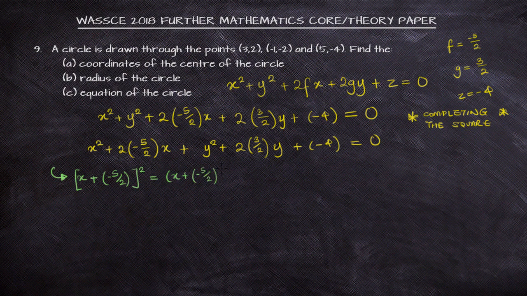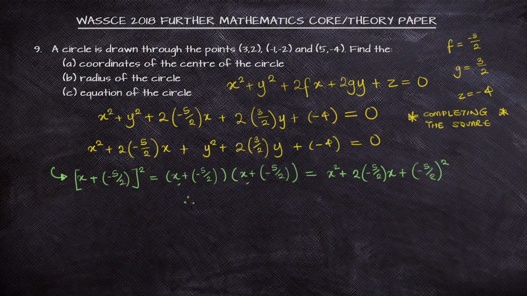This will be x plus minus 5 over 2 multiplied by x plus minus 5 over 2. Now, if you open this bracket, that will be x multiplied by x is x squared, and x multiplied by minus 5 over 2 in two places, that will be plus 2 into minus 5 over 2 x. Okay. Then minus 5 over 2 multiplied by minus 5 over 2 will be minus 5 over 2 all square.